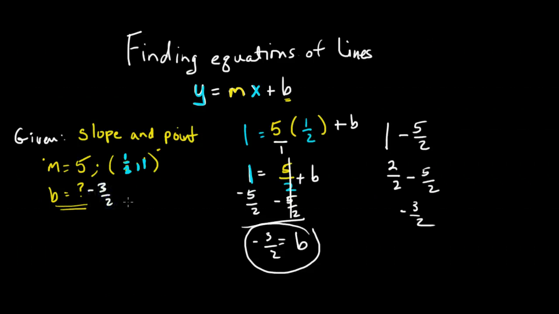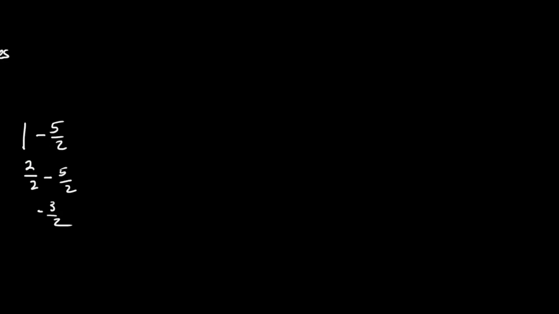So I can write my equation now as y equals my slope, which is 5x, and then my b is -3/2. So I'll go ahead and put -3/2. I can also alternatively put plus a -3/2. And you'll have to do that when you do it in the Khan Academy, but for our purposes, let's just put -3/2.